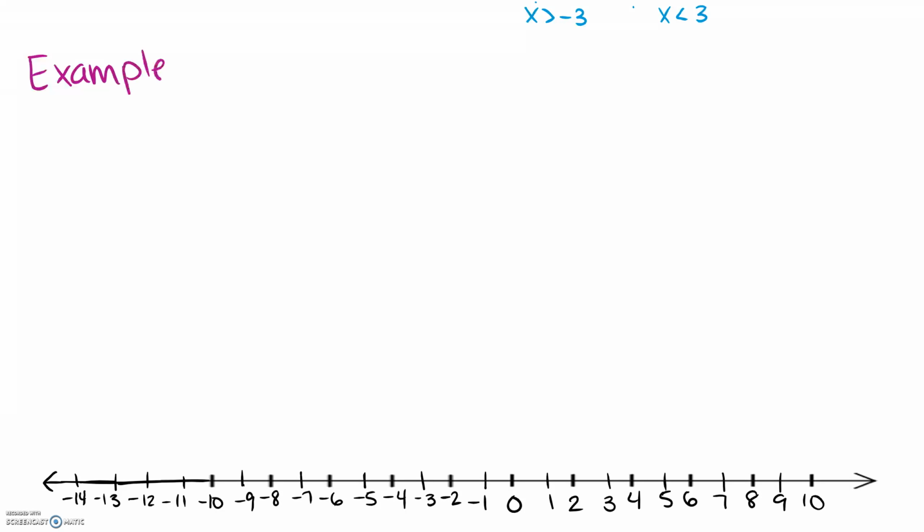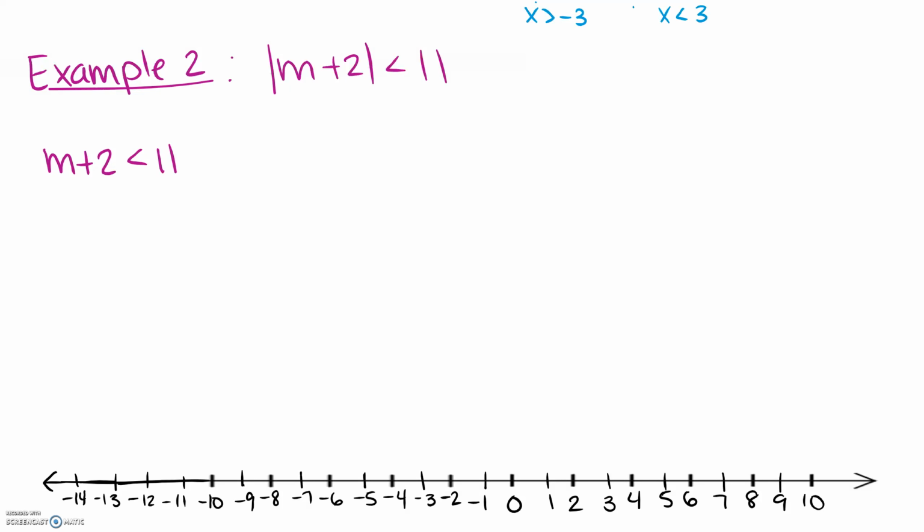Example 2, we're going to solve and graph the absolute value of m plus 2 is less than 11. So just like we solved regular equations with absolute value, we set one positive, so we have m plus 2 is less than 11, and then we set one to the negative.